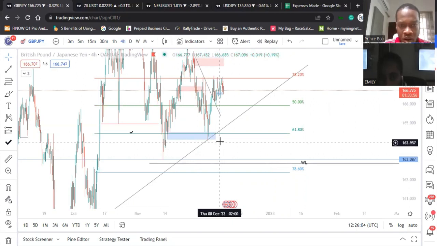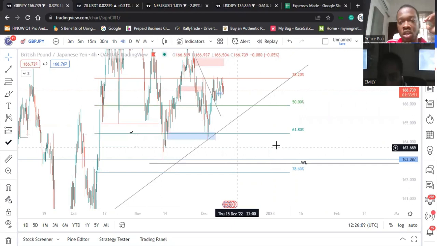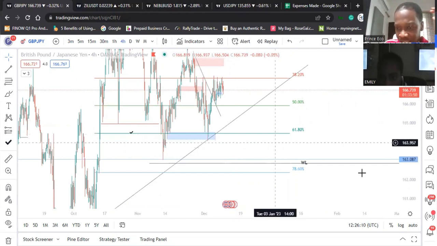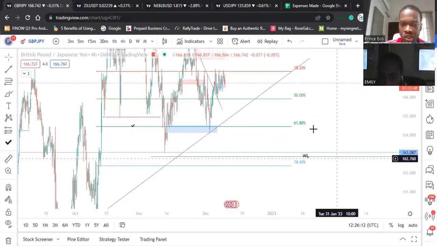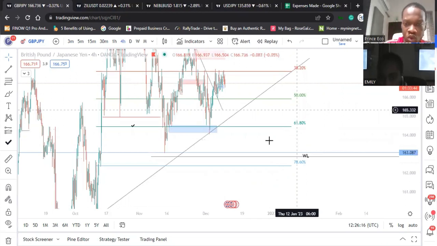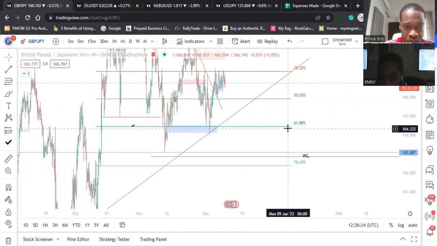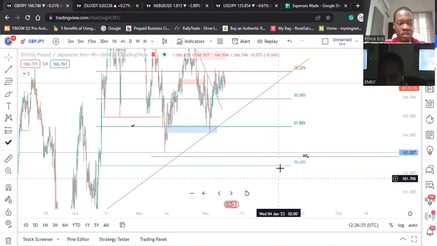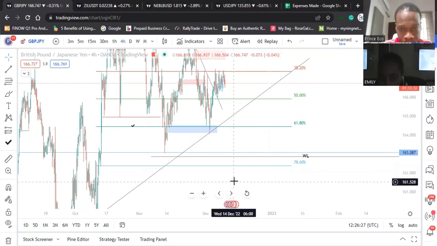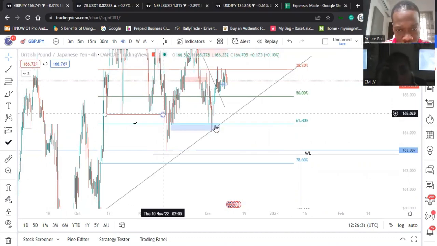It's the last thing I feel the market can do to stretch out and sweep out liquidity. 50 is still valid, but I prefer 61 to give me stronger confidence as to why I can take that trade. So now you see the market has gotten to this 61.